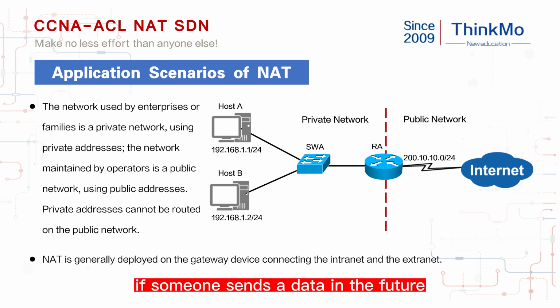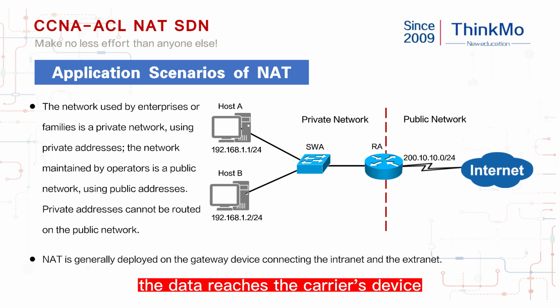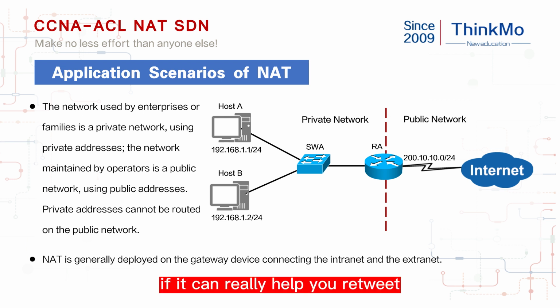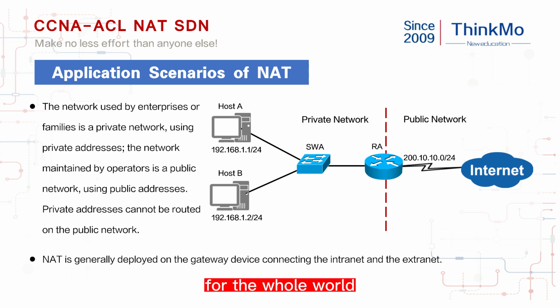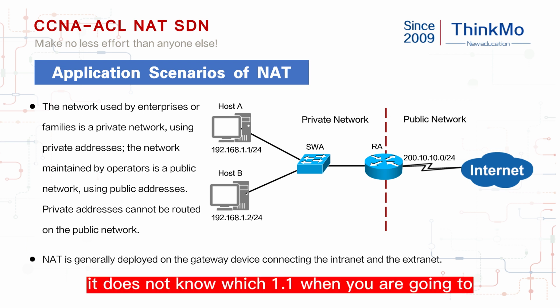If someone sends data to 192.168.1.1 and it reaches the carrier's device, can it really forward it for you? Where is this address? For the whole world, there are so many private addresses in a segment like 192.168 that it does not know which 1.1 you are going to.